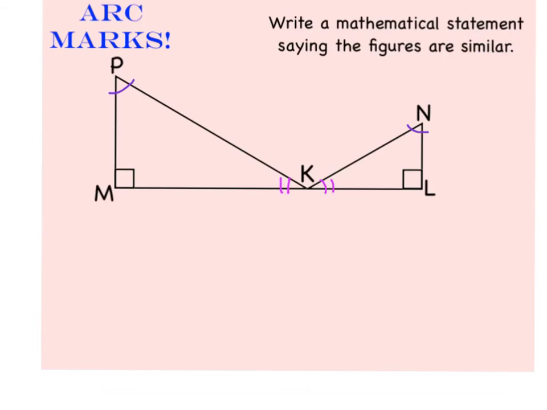All right, I'm going to go ahead and start writing my similarity statement, and I'm going to start with the large triangle, and I'm going to say that triangle MPK is similar to, and I started with my right angle, so on my small figure, I'm going to do the same.